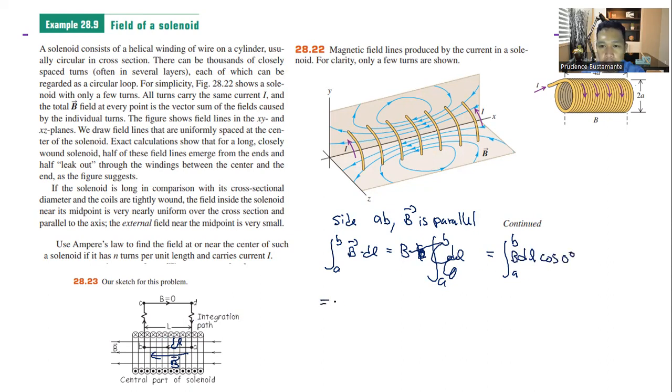So we have here B times the integral from A to B of dl. The whole length here is equal to L. So this is equal to B times L.